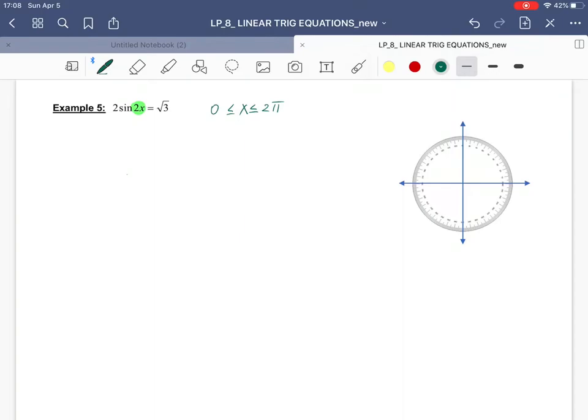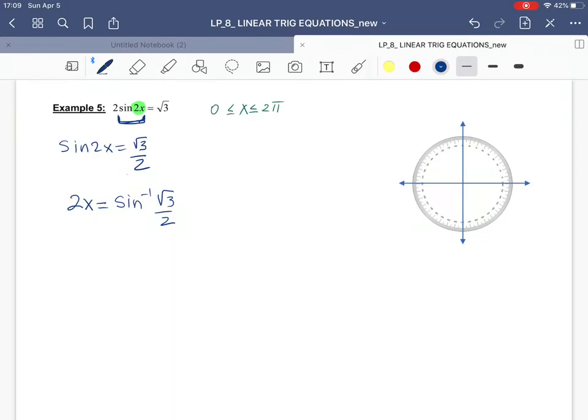Again, I will isolate sine of 2x first. So sine 2x equals root 3 over 2. That's kind of easy now. So angle 2x must equal inverse sine root 3 over 2.